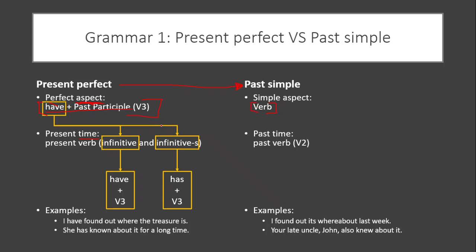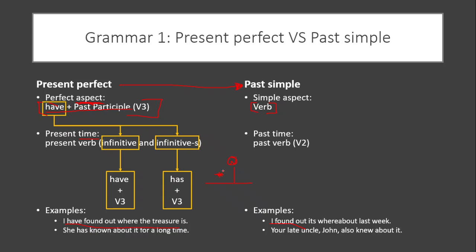I found out where the treasure is. Look at the first one of each: I found out where the treasure is, and I found out its whereabouts last week. When we talk about present perfect, we can talk about something that has already happened.